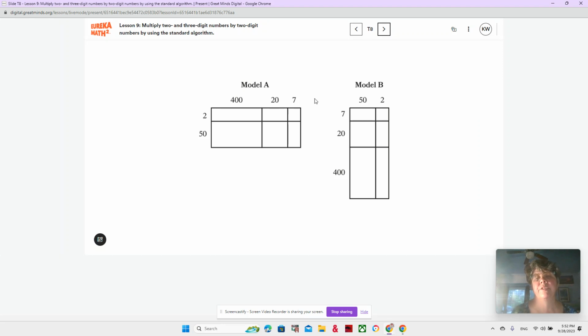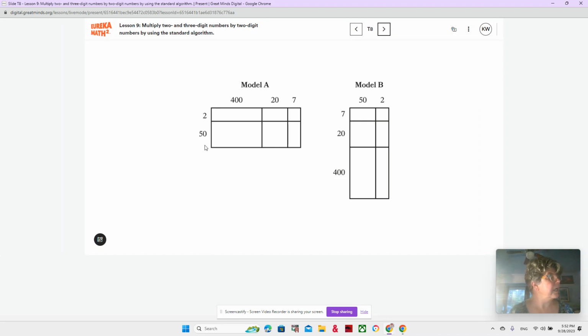This one has 427 here, broken by place value, and 52 here. This one has 52 on the top and 427, and they're all divided by place value, right? Does it matter whether you have the 50 or the 2 here? No, you can switch them. It's kind of like personal preference.